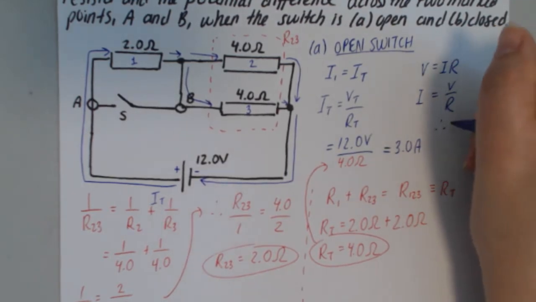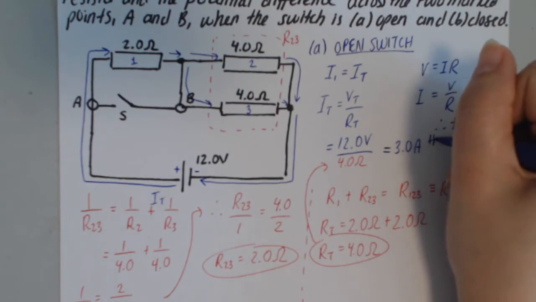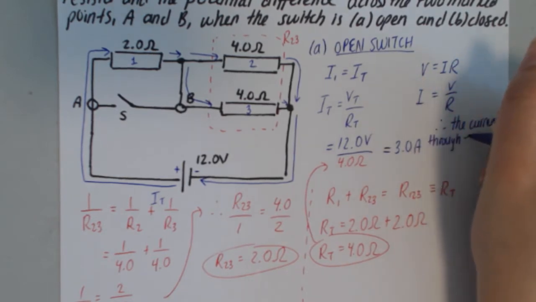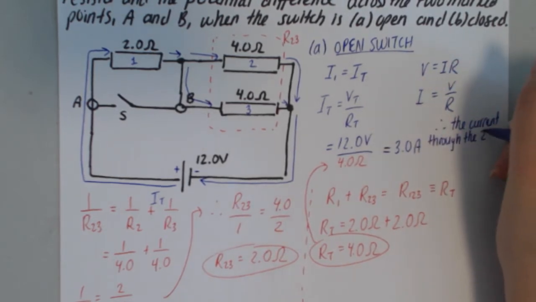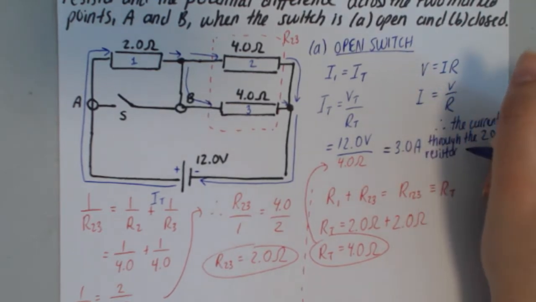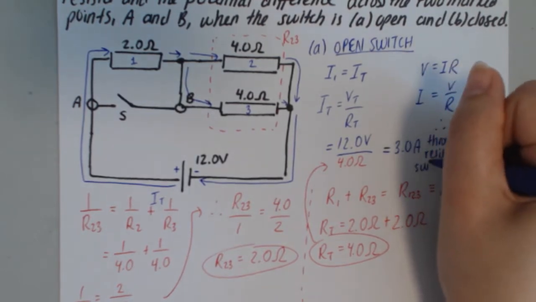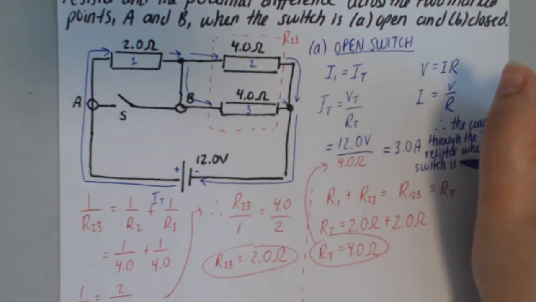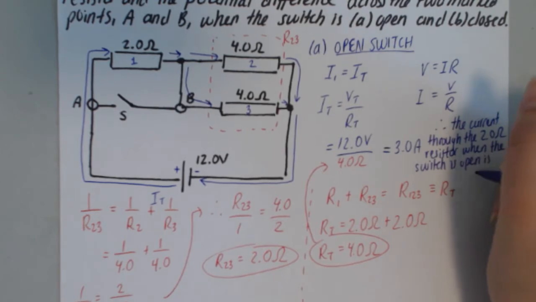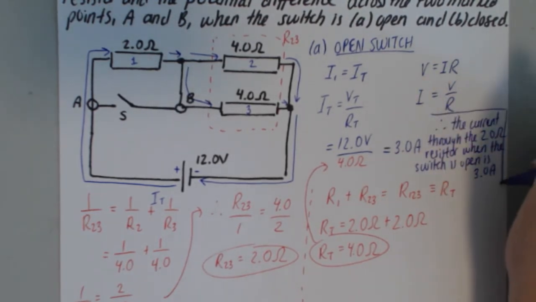So we can say, therefore, the current through the 2.0 ohm resistor, when the switch is open, is 3.0 amps or amperes.